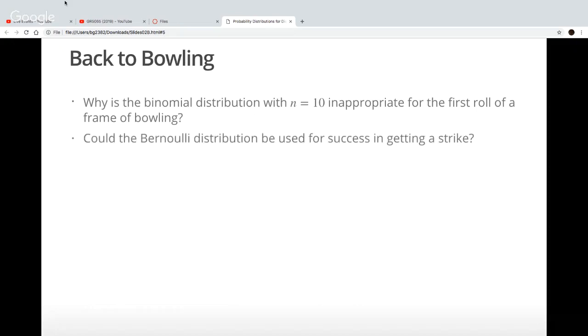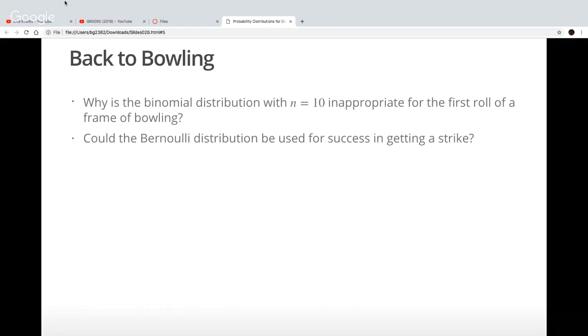So no. Could a Bernoulli distribution be used for the probability of successfully getting a strike? What do we think about that? Right. So we're sort of changing the event from single pins to all 10 pins collectively.